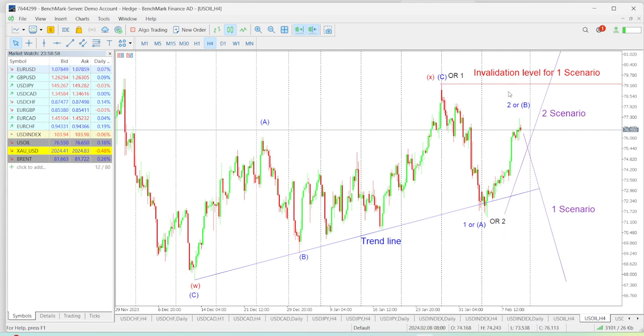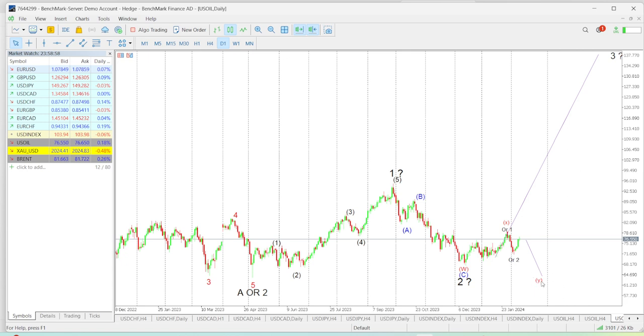It's very complicated for now, but the first scenario says that the price should continue going down to complete wave Y.